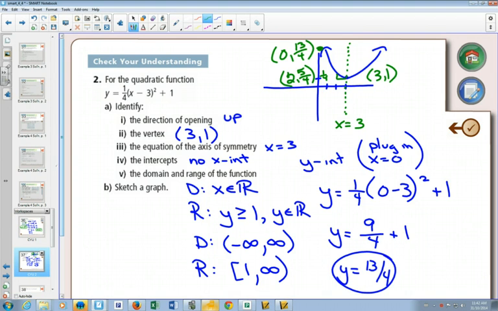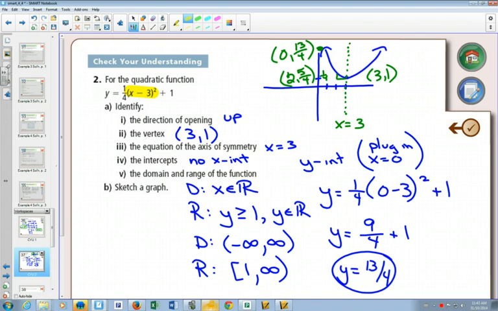However, do you notice both those points are fractions? Sometimes you don't like to have a fraction in there. If I wanted to pick a point that wasn't a fraction, I'm dividing by 4. Can you see that this part, the x minus 3 squared, would have to be a multiple of 4 in order to avoid fractions? So what numbers squared are multiples of 4? 2 squared is 4, right?